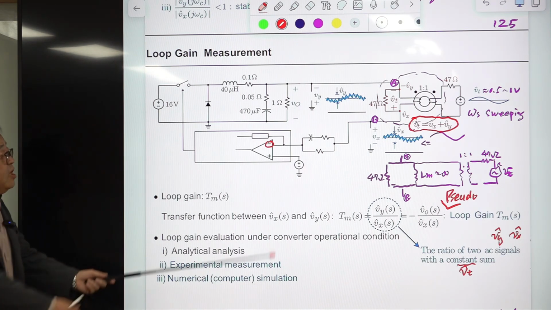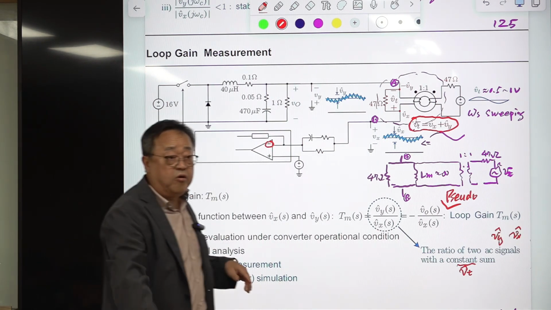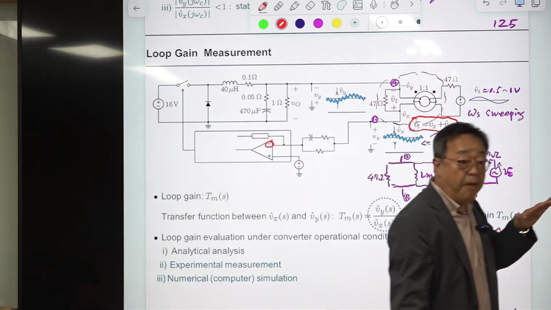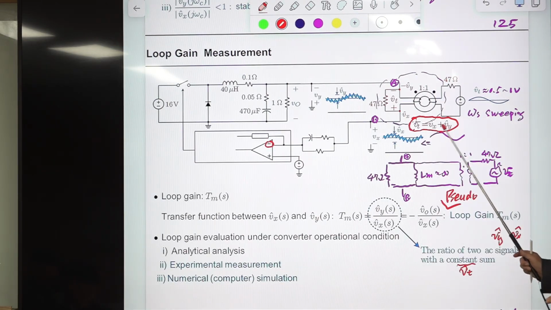Similar things can be done in the software empirical method. The empirical method is very similar to this, but it provides the true loop gain because numerically we can add whatever we want. It's just a program, not hardware. There is no KCL, KVL in there, just numbers and equations. So we can do whatever we want.